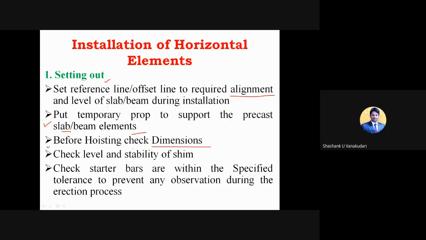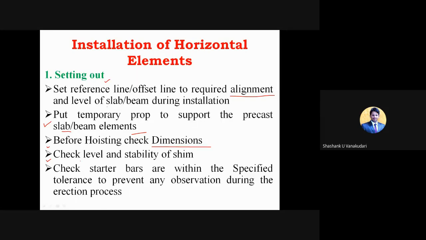And then check the level and stability of the shim. Shims are temporary level pads. They are placed between two structural elements to give support until we fix those joints.